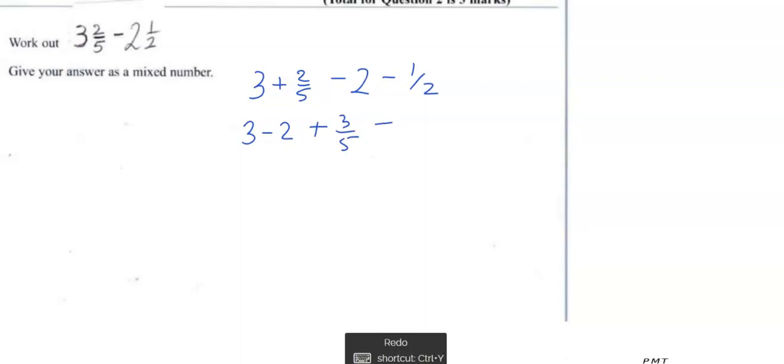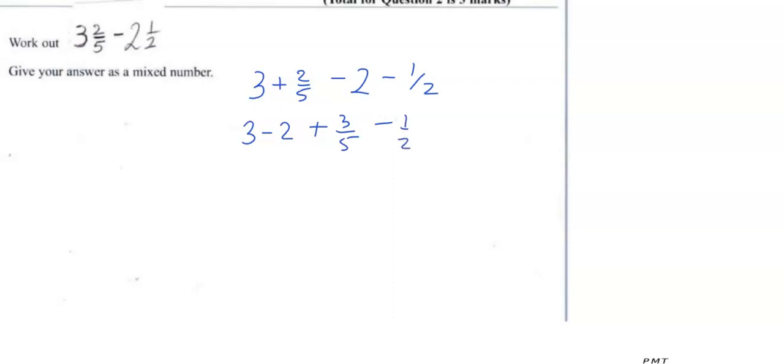And in this question we have to do 3 2/5 minus 2 1/2. So it is 3 plus 2/5 minus 2 minus 1/2, which is 3 minus 2 plus 3/5 minus 1/2. Let's make that a bit clearer, shall we?